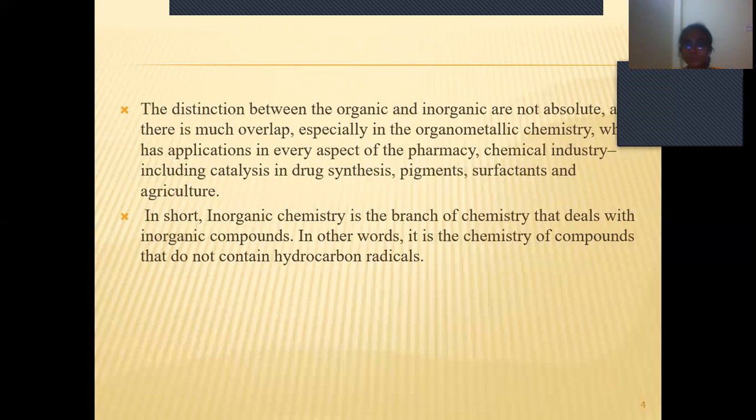The distinction between organic and inorganic is not absolute, and there is much overlap, especially in organometallic chemistry, which has applications in every aspect of pharmacy and the chemical industry, including catalysts in drug synthesis, pigments, surfactants and agriculture.